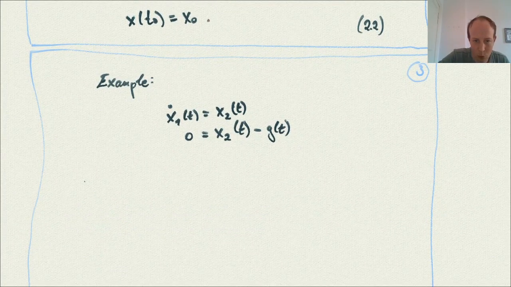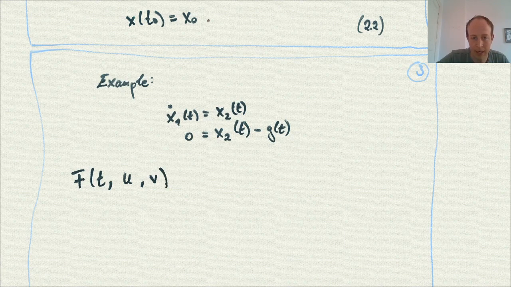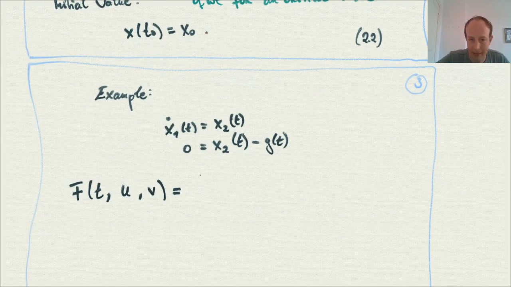And well, the f we could write as, so then we will have x of t. What do we take for that? No, x maybe not so good. Let's take two vectors, u and v, that we define as, so this will be a vector because we have a two-dimensional problem here.